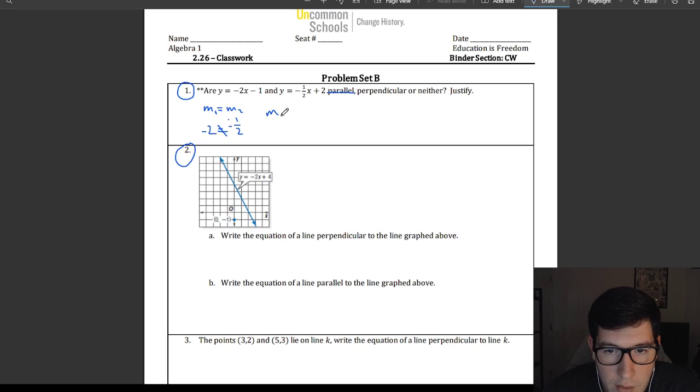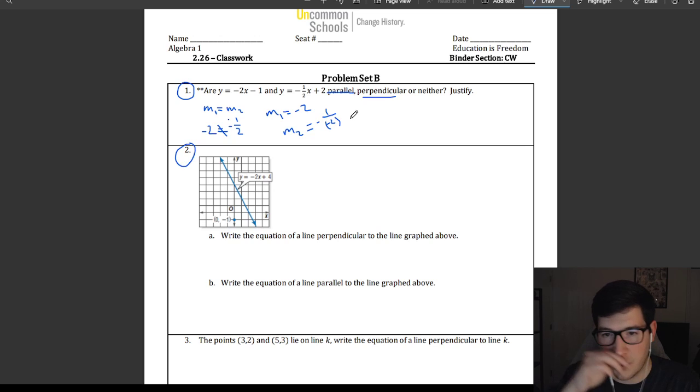Now I'm going to look at perpendicular. If m1 is equal to -2, then if it's perpendicular, that means that m2 should be equal to -1 over -2. Now this is where we have to really make sure that we're careful with our negatives. Remember that when we have the double negative like this, they're actually going to cancel out. And so m2 is actually going to be equal to 1 over 2.